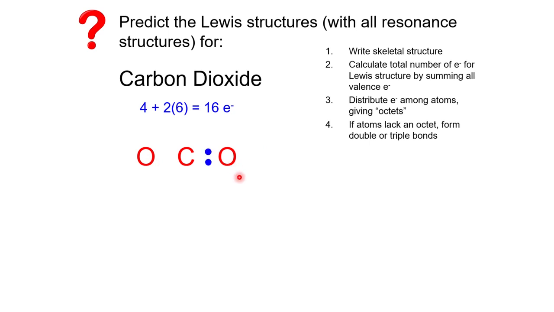So we start by distributing our bonding pairs. So we're bonding here, and then we can add some lone pairs to our oxygens. 2, 4, 6, 8. Uh-oh. We're already going to start to run out of electrons before we get to our octets.